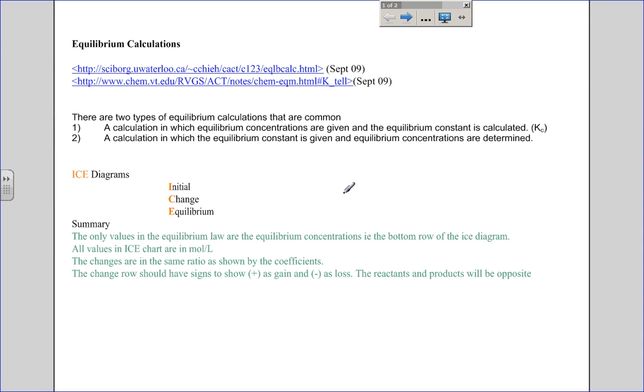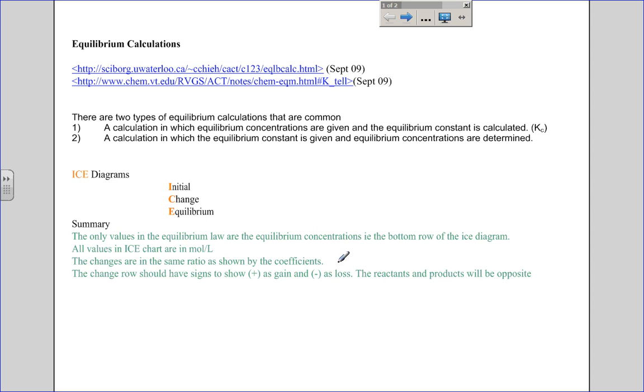Okay, so let's go back to the previous page to the summary so that we can see what important points are there for us to remember. So remember that the only values put into the equilibrium law are equilibrium concentrations. So from the bottom row of the ice diagram. All values in an ice chart are in moles per liter. The changes are in the same ratio as shown by the coefficients.